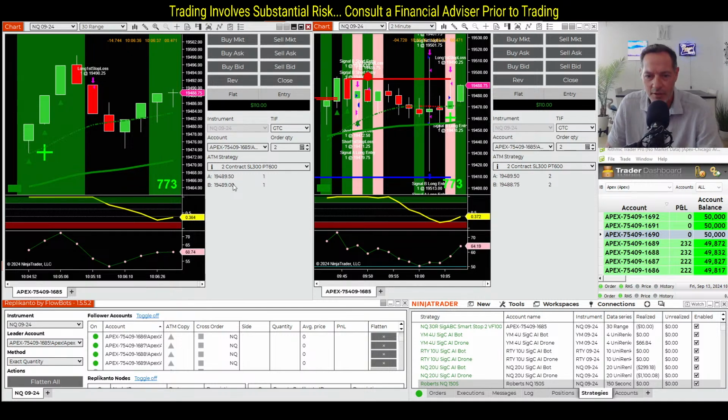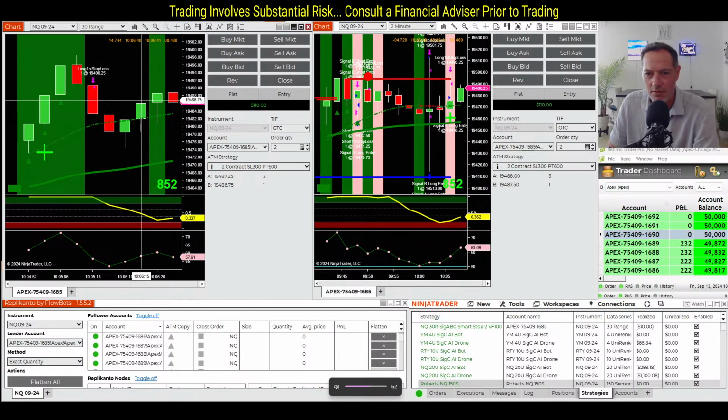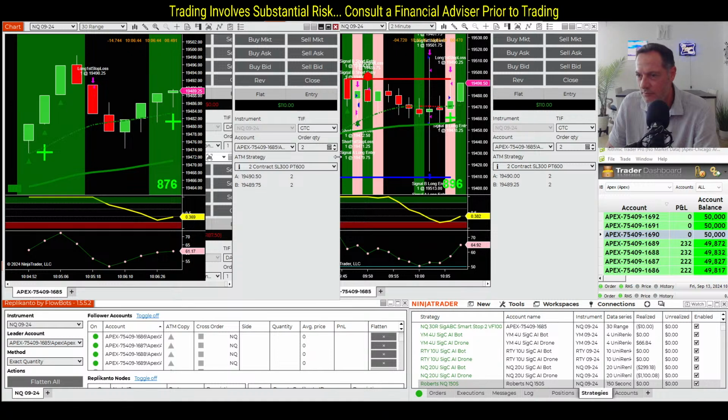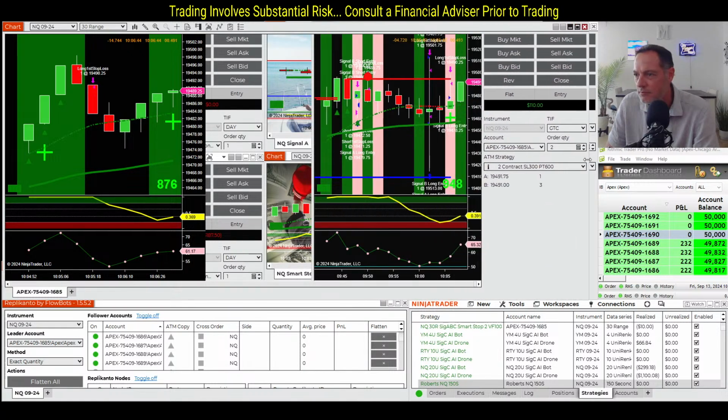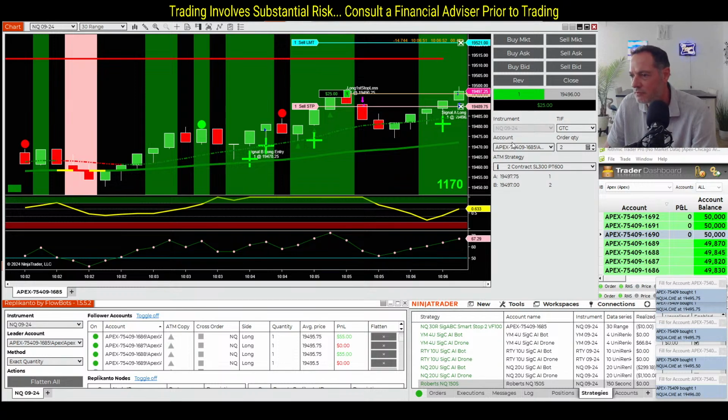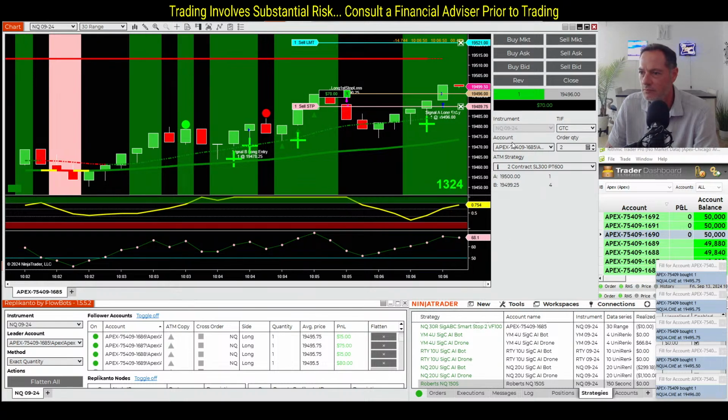Getting a little flutter here. If we get a long trade on the left, looking for the candles on the left. And we're going long. Submitted. Order submitted.